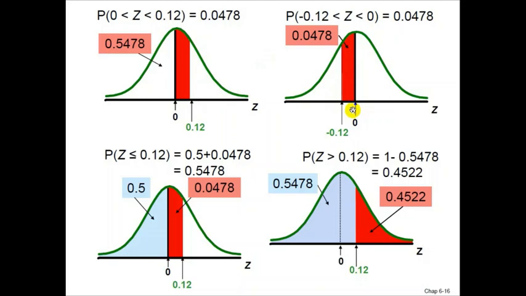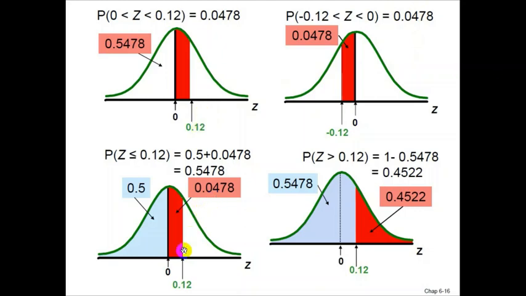Your normal distribution table never gives you the negative value, so you have to assume this is actually equal to this one. That's why you get the same value 0.0478. So whenever the question gives you a negative side, you have to turn them to the positive side so that you can read the value from your standard normal distribution table.